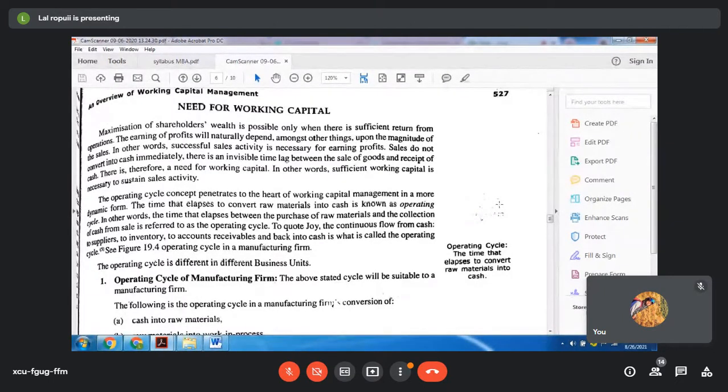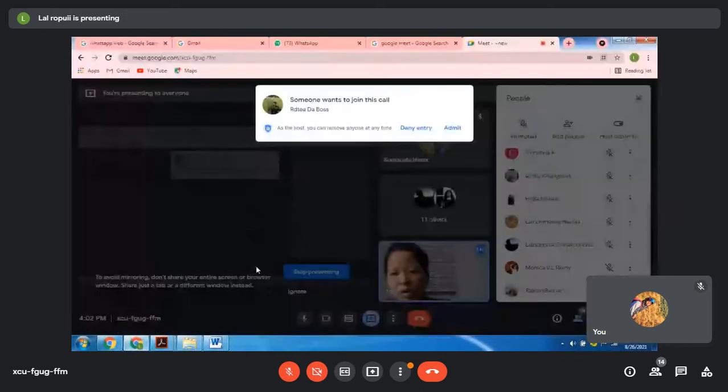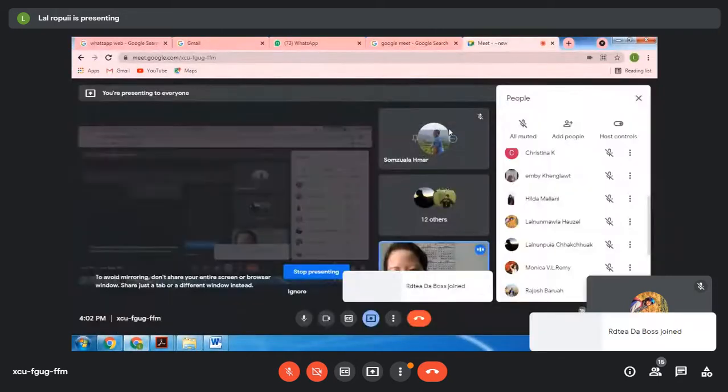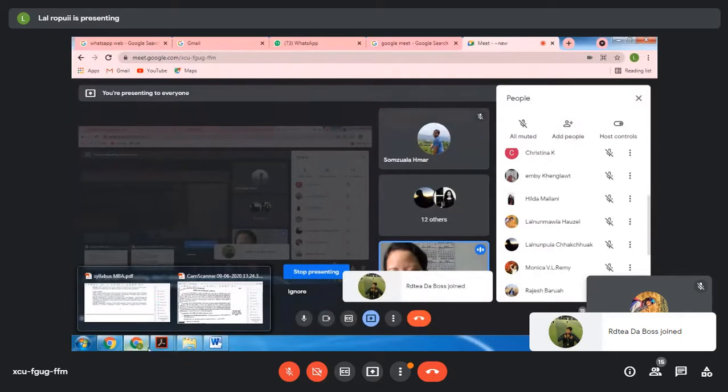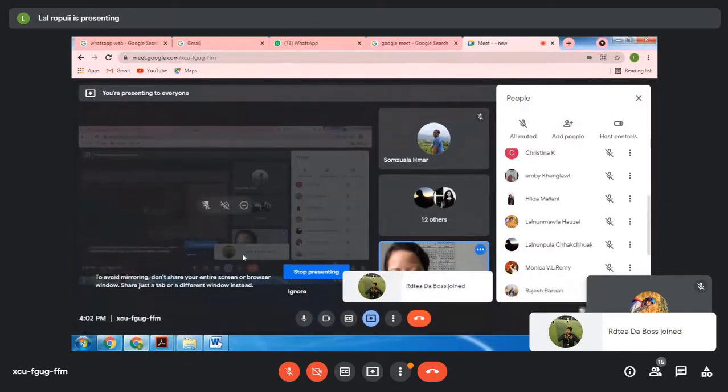Maximization of shareholders' wealth is possible only when there is sufficient return from operations. You know, maximization of shareholders' wealth is the main objective of the firm. Shareholders are those who subscribe to the shares of a company.